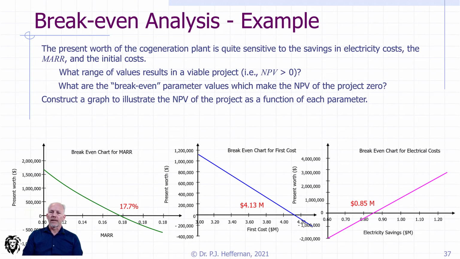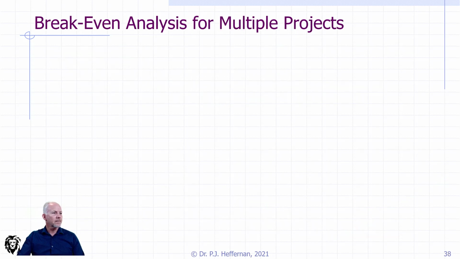And finally, when we look at the electrical costs, we can see here that as electrical savings go up, we cross a threshold at $0.85 million. If we're not getting that in savings, then it's not worth the investment to go forward with the project. And so these are the thresholds, or the single values for those specific parameters, that show when it transitions from being viable to not viable.